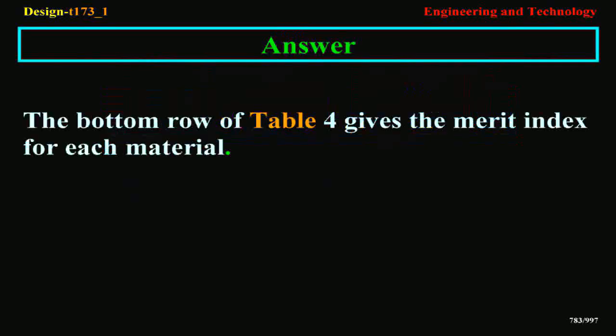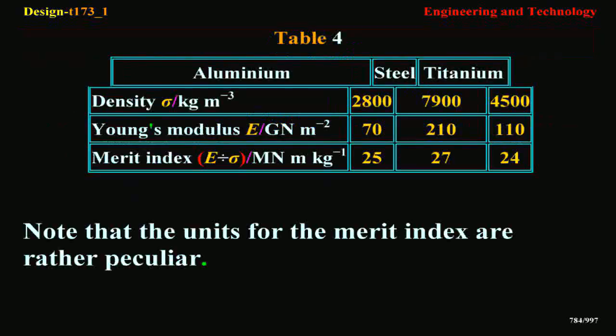Answer. The bottom row of Table 4 gives the merit index for each material. Table 4: aluminum, steel, titanium; density, kg/m³: 2800, 7900, 4500; Young's modulus E, GN/m²: 70, 210, 110; merit index E/ρ, MN·m/kg: 25, 27, 24.